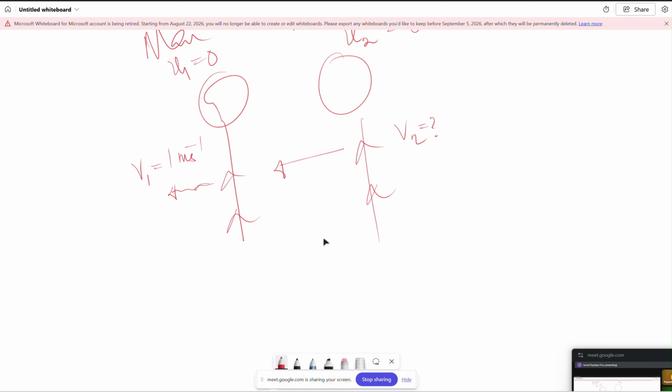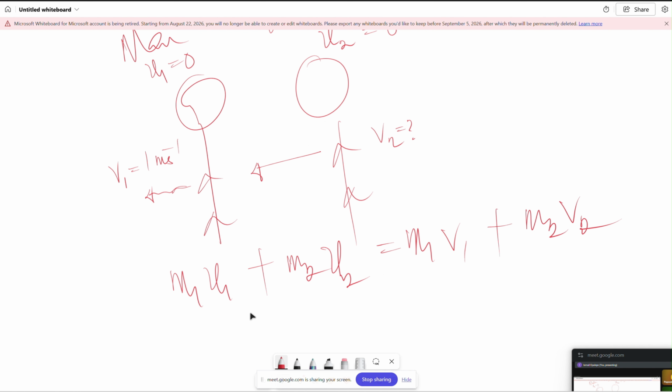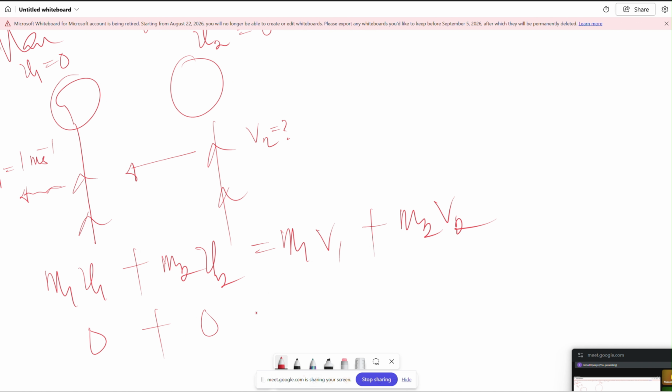So now I want to solve. Basically, you are still going to use your conservation of linear momentum. M1 U1 plus M2 U2 is equal to M1 V1 plus M2 V2. Since they are standing, they don't have any initial momentum, because their U1 and U2 are 0. So this will be 0 plus 0.